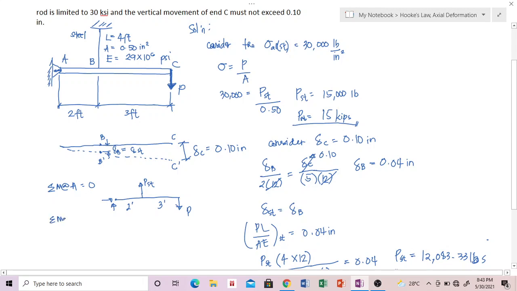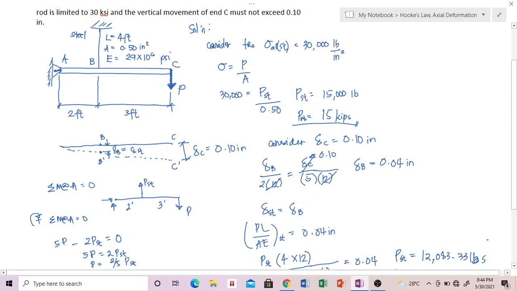Taking moment at A equal to 0, with clockwise positive, we have 5P minus the counterclockwise, P steel multiplied by 2, or 2P steel, equivalent to 0. Now we have a relationship of P and P steel: 5P is equal to 2P steel. So P is equivalent to 2/5 of P steel.